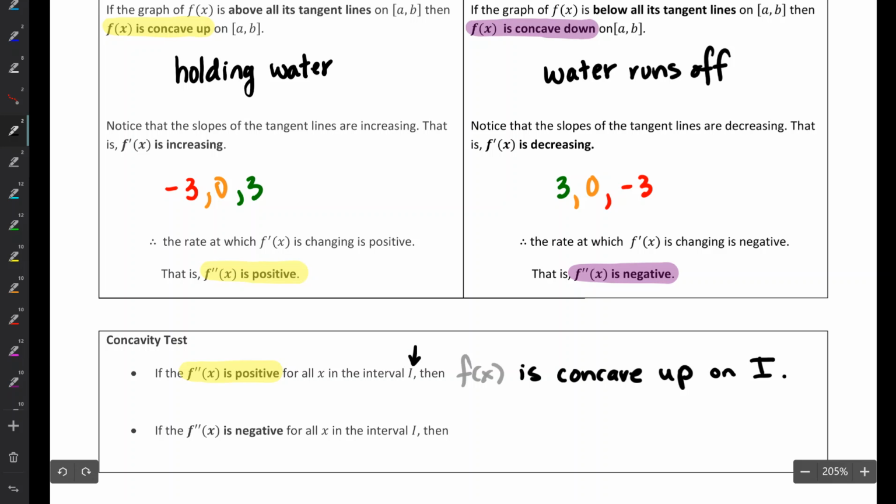You can say on I if you want. We're just using I for any interval, you know, 2 to 7 or -5 to 3 and including the endpoints, right? Just using I for any interval.